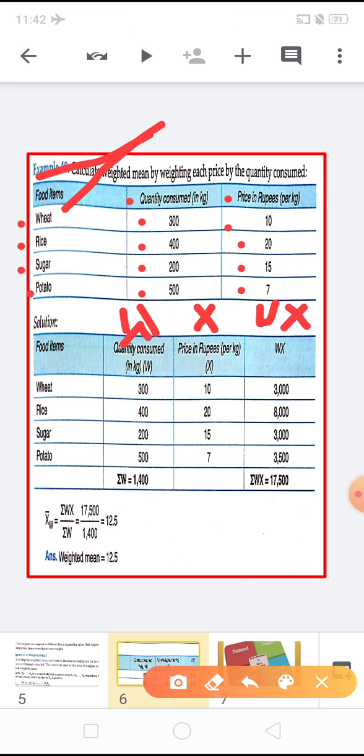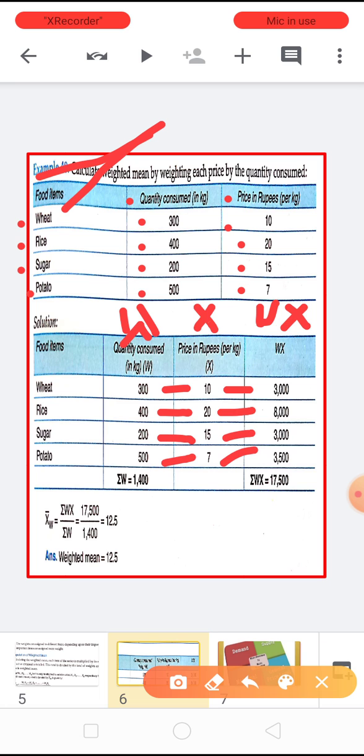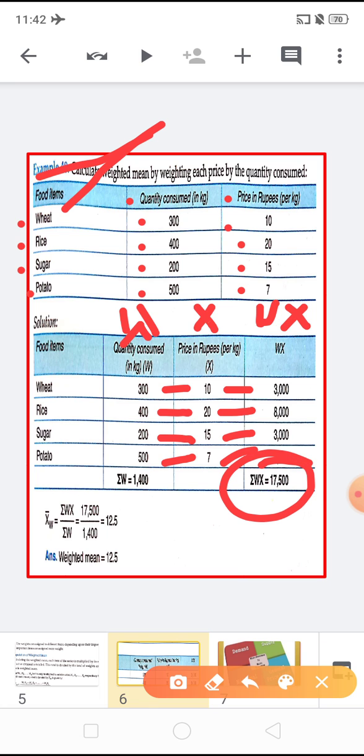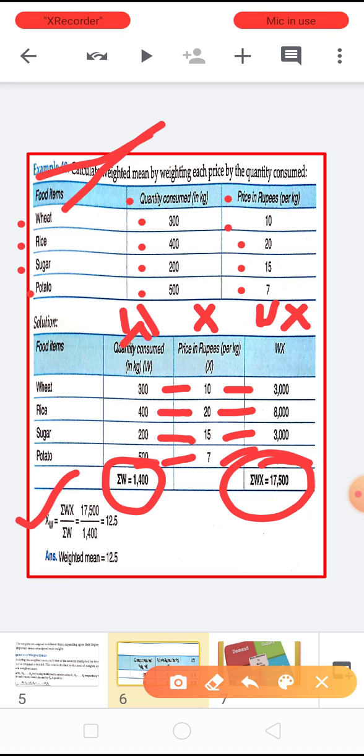300 multiplied by 10 is 3000. 400 multiplied by 20 is 8000. 200 by 15 is 3000. 500 multiplied by 7 is 3500. Once we sum these values, we get sigma wx, that is 17500, and sigma w, that is 1400. Now we apply the formula.